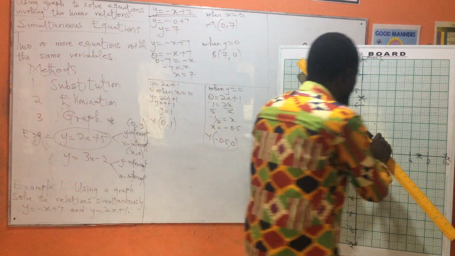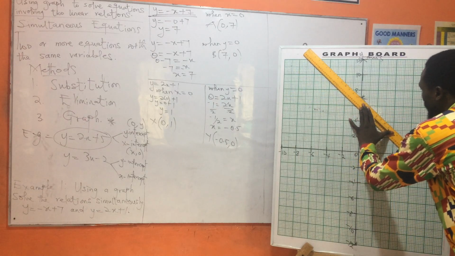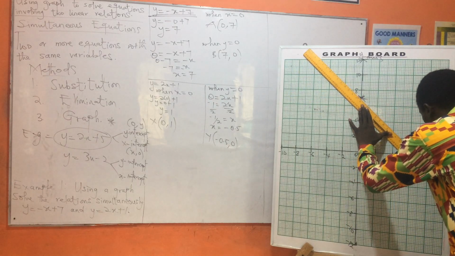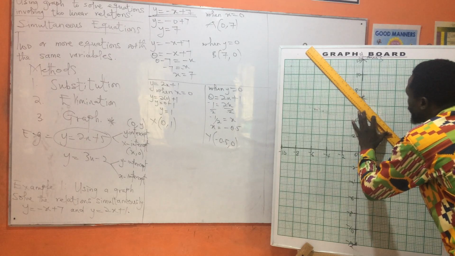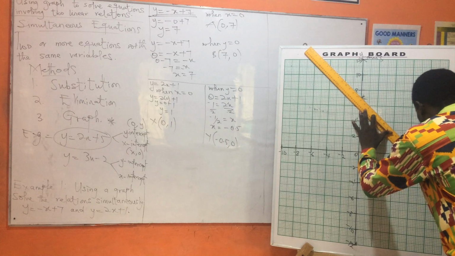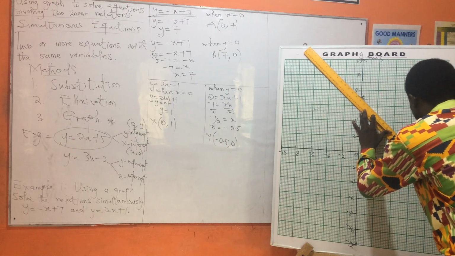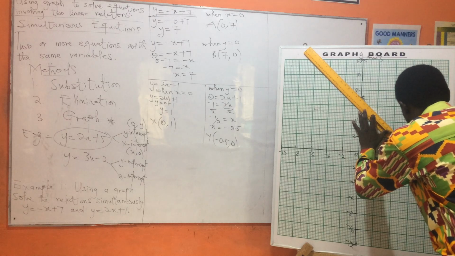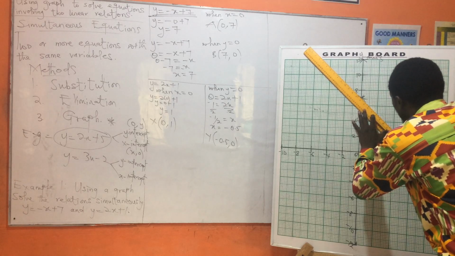When you are drawing the line, you should make sure that the line passes through the points, so that we can get the accurate value of what we want.